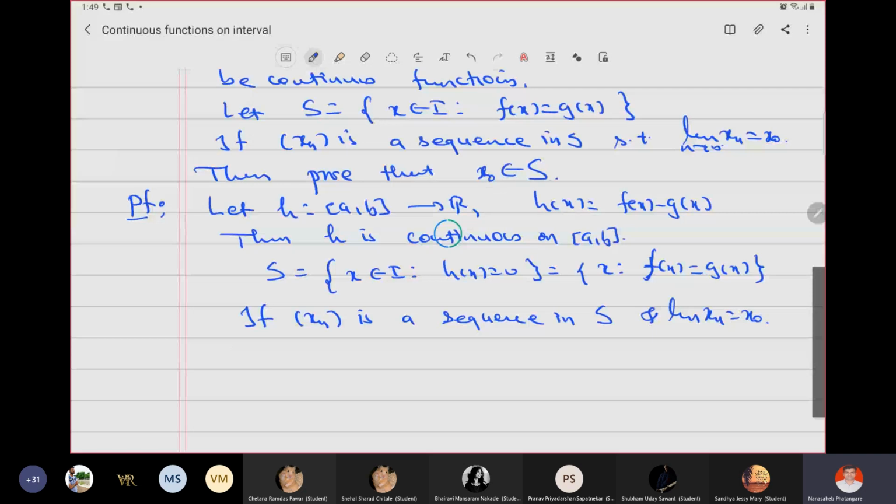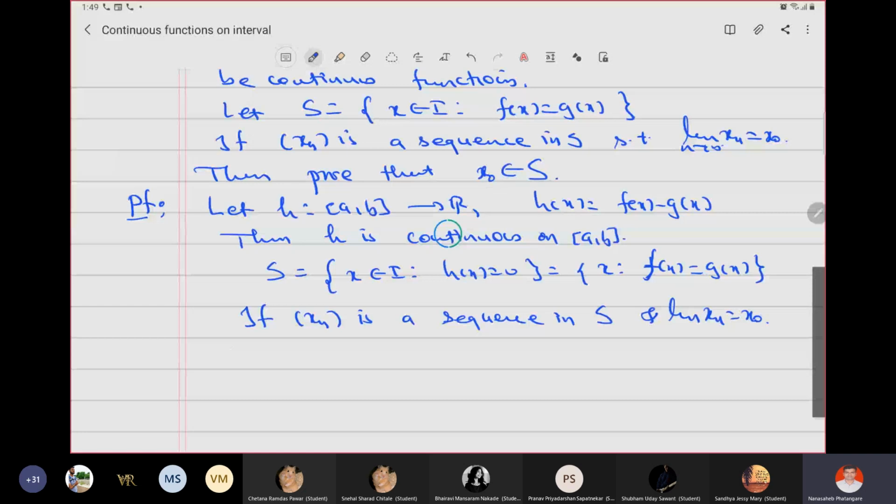Therefore, limit of xn, which is x naught, is also in the closed and bounded interval AB. Correct. That is why we call it a closed interval. So limit of a sequence remains inside AB. If you walk in the interval along a sequence, we cannot go outside, meaning the limit remains inside, that we already discussed.